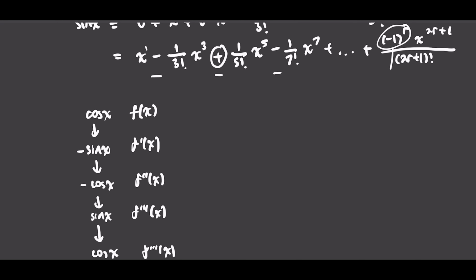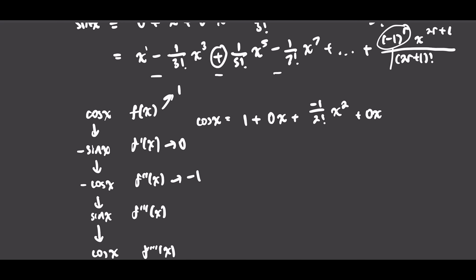Therefore, if we want to express cosine x as a polynomial, we get f of 0, which is 1, cosine 0 is 1, and then f prime 0, which is just 0, so there's no x variable, and then second derivative of f of 0, which is minus 1, minus cosine 0, so minus 1 over 2 factorial x squared, and then so on.